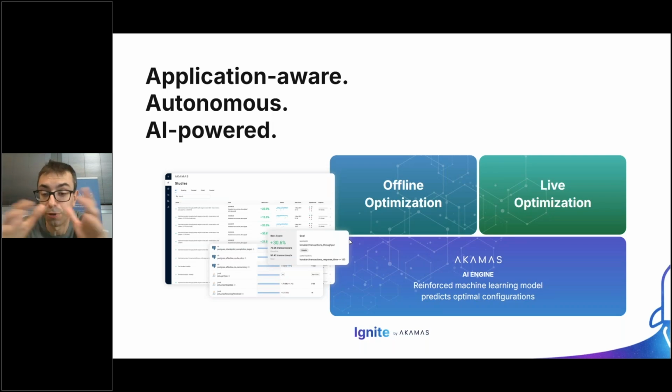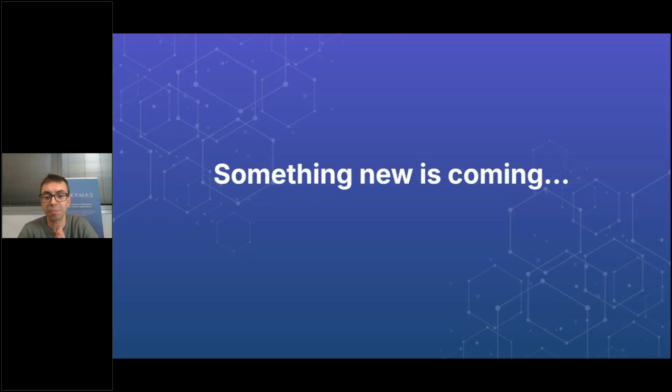Or, if you don't have load testing in place, you can go directly live and optimize the application in production. It's all powered by an AI engine based on reinforcement learning, patented algorithms that solve those problems for you without the effort and the deep skills that are required, as we have seen.